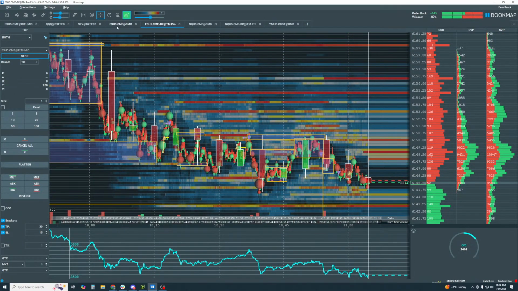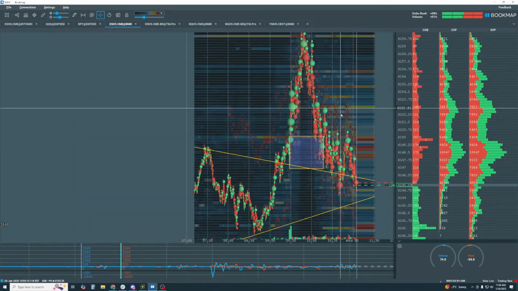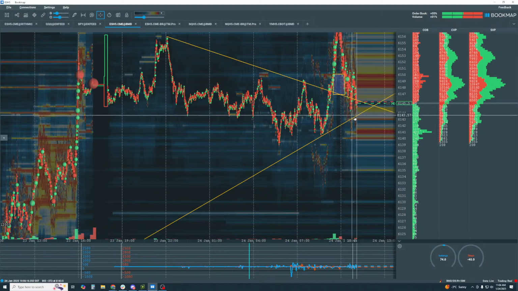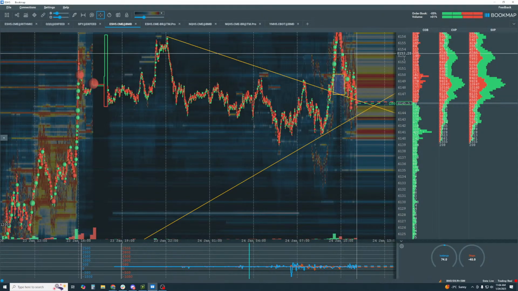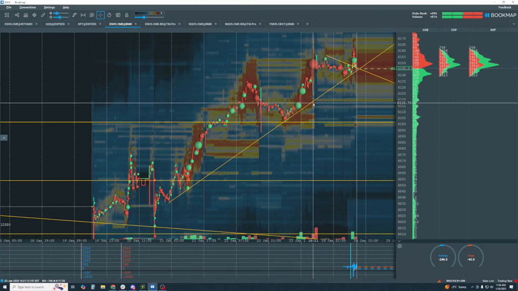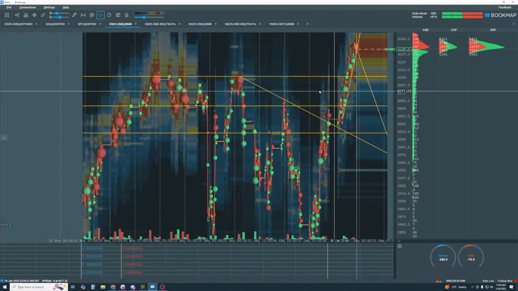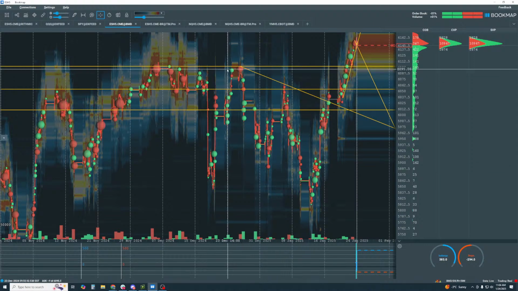All right, let's jump over to our higher time frame here in the ES and start to go through some stuff. And we'll look at our candlesticks in here as well. Okay, so this is kind of where we left off on the higher time frame.